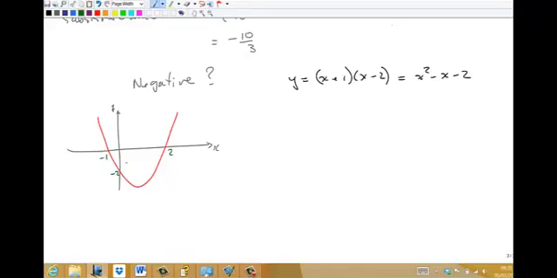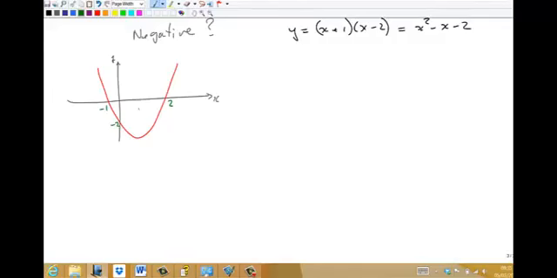So the area between 0 and 2 is this, and the curve is this area here, which we can see is below the x-axis.